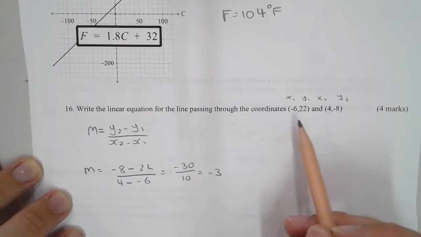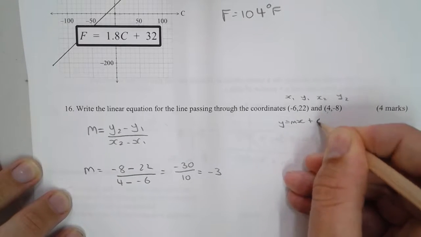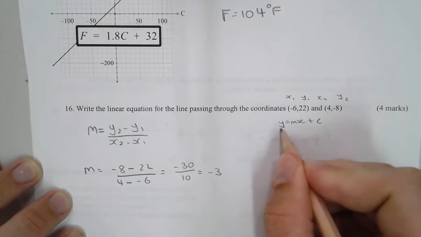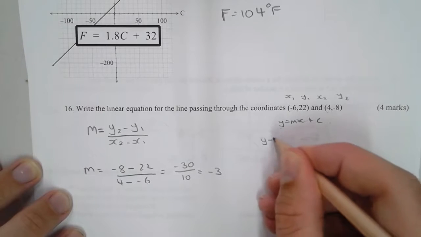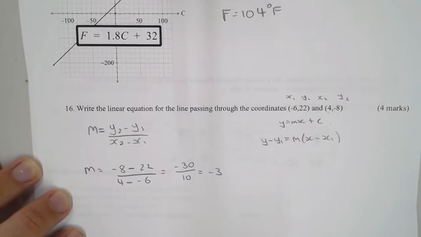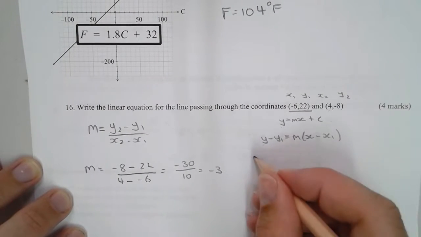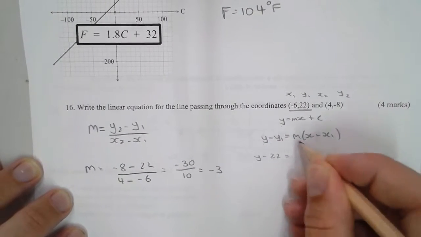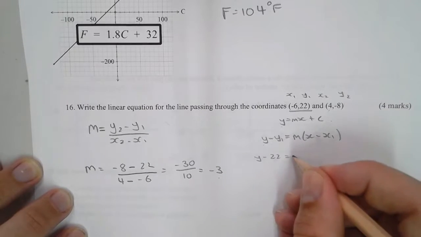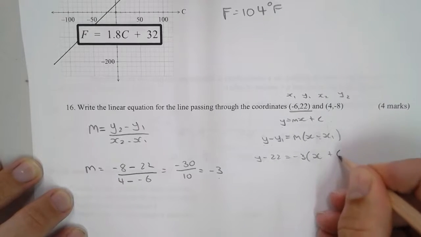Now to find the equation, you could use y equals mx plus c and substitute in the x and y value to find c, or you could use y minus y1 equals m x minus x1, which is just a bit quicker. So if you substitute these in, y take away 22 equals m, which we found was negative 3, x take away minus 6 becomes plus 6.